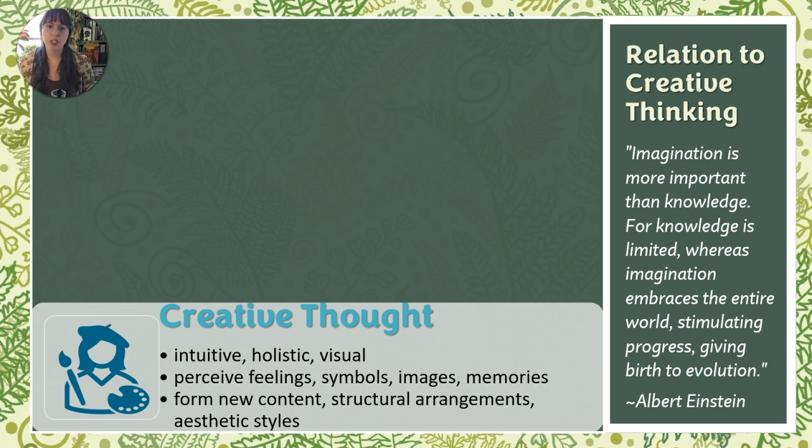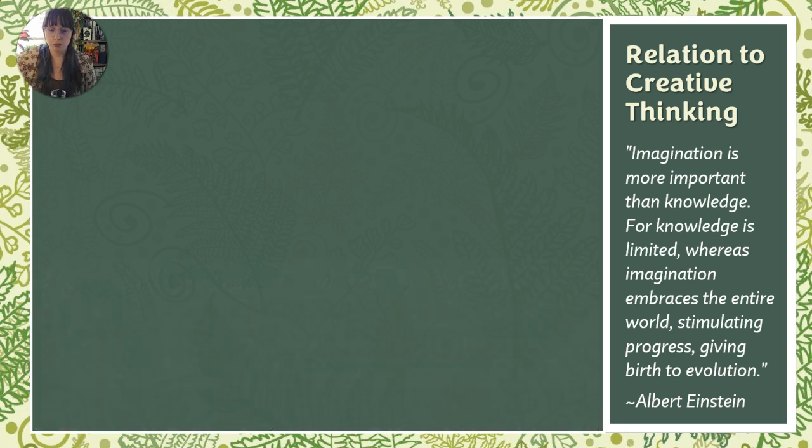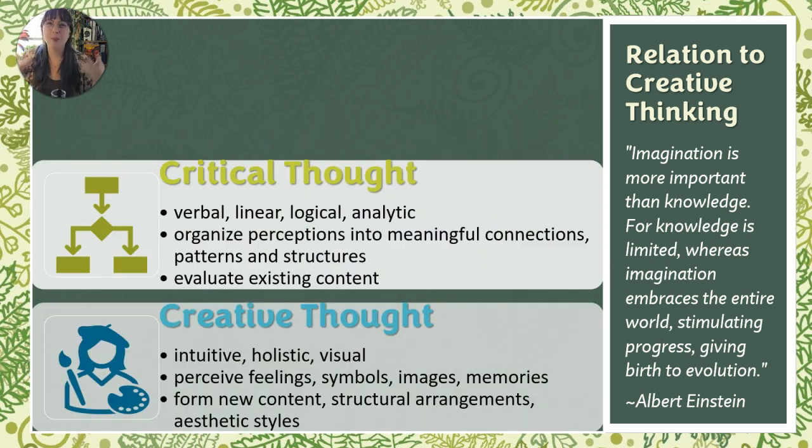Creative thought is really useful in order to form and create new kinds of content, new kinds of structural arrangements, or new ways of creating relationships, new aesthetic styles, and all of that type of creativity really trickles up into our other realms of thinking.